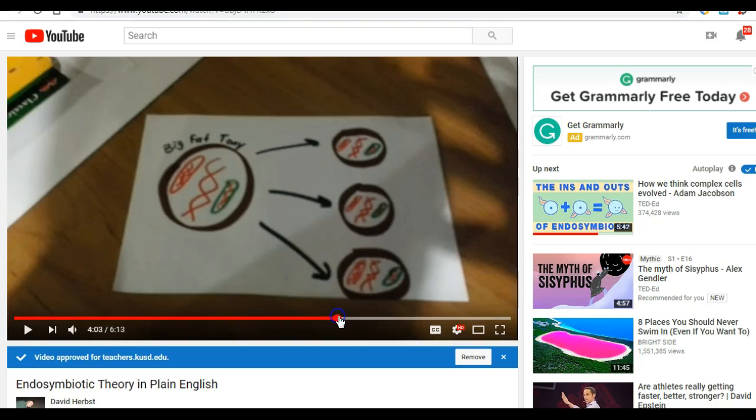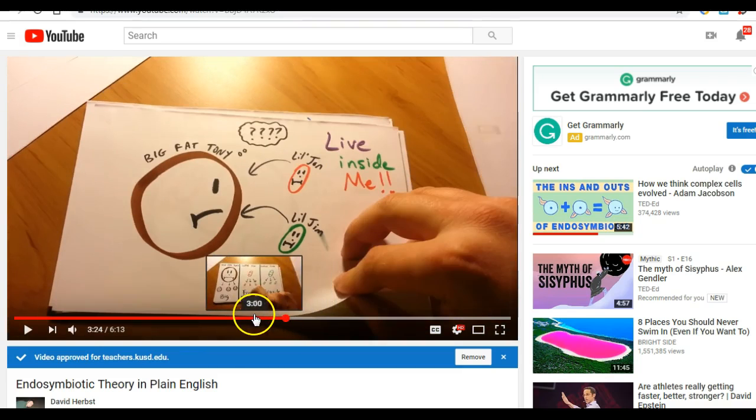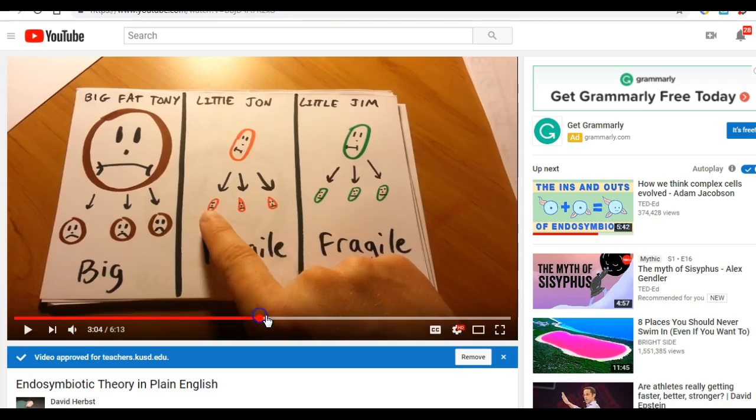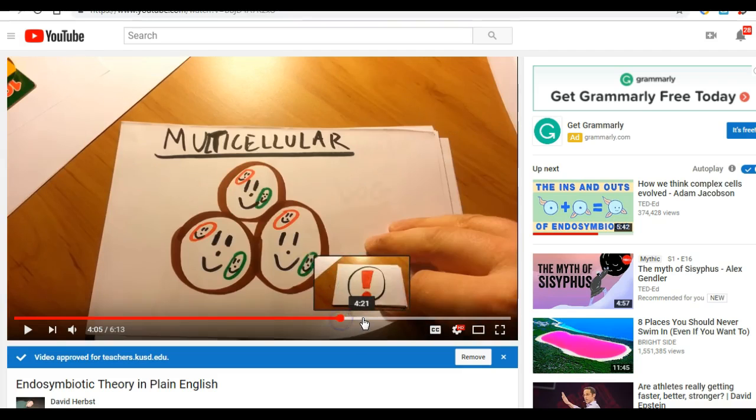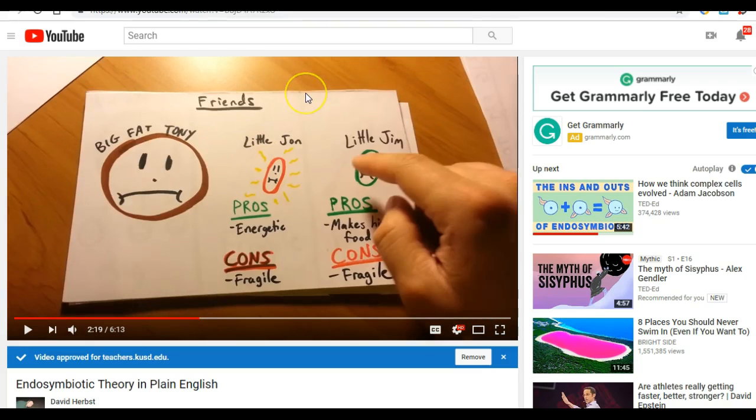All right, so if we think about this, okay, little John, right, and little Jim, what parts of the cell did they represent? So little John can make energy. Which part of the cell can make energy? The mitochondria, right? And which part can make food from sunlight?